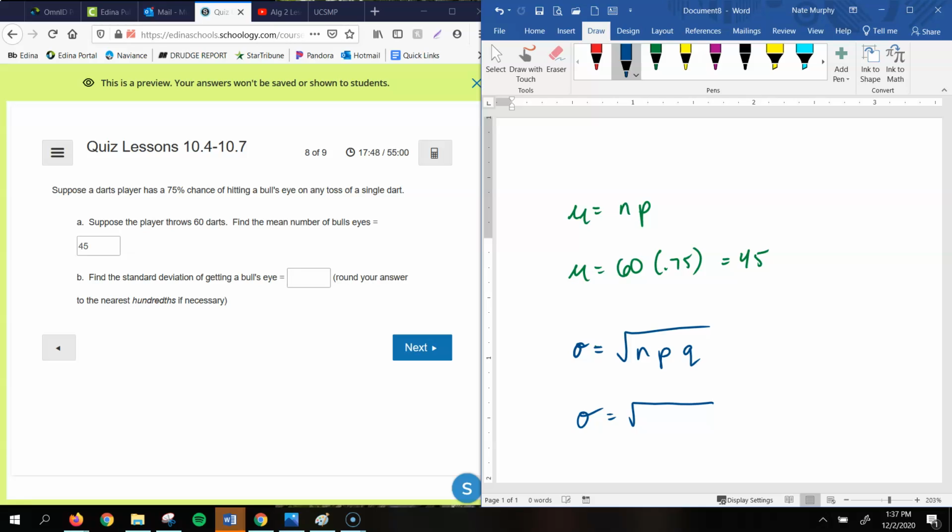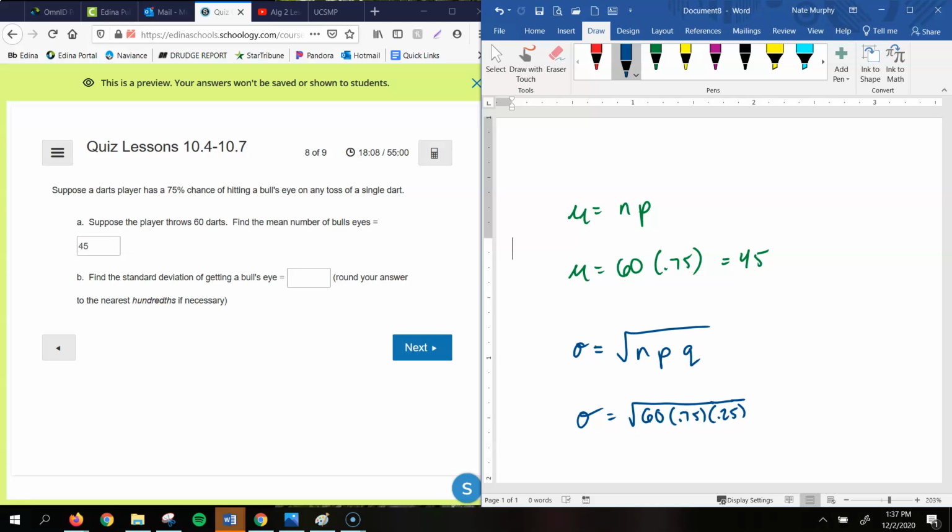If I want, I can write down, just so that you understand where I'm getting these numbers from, we would have 60, and then my p would be 0.75. I was going to just write down 45 for those two, which you could do if you understood the concept. And then we'd have 0.25 as the probability of a failure, that he misses and doesn't get a bullseye.